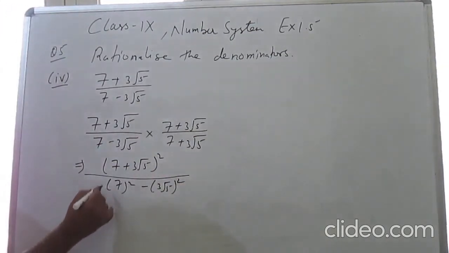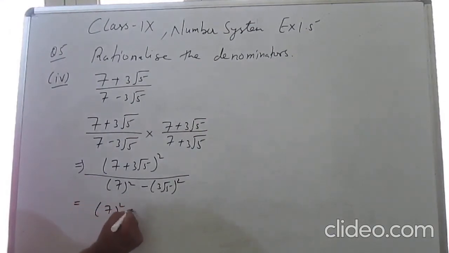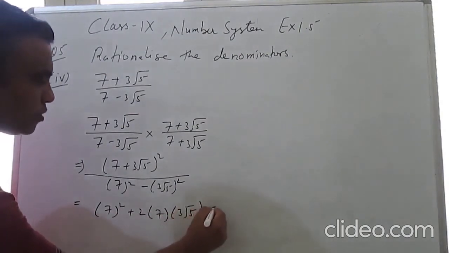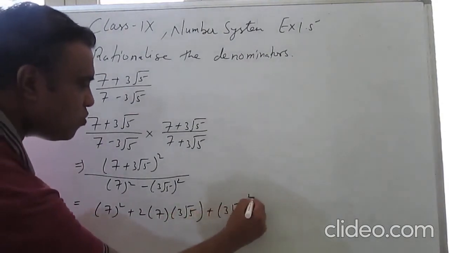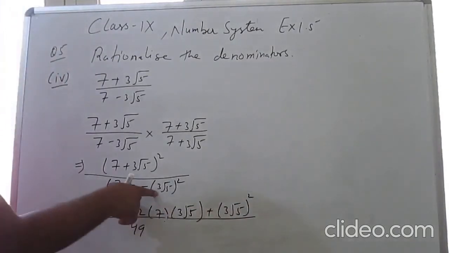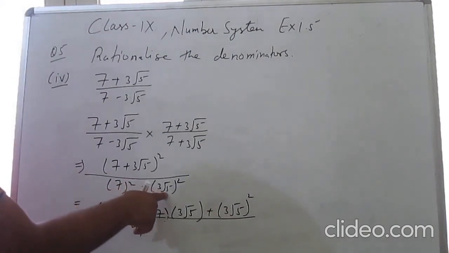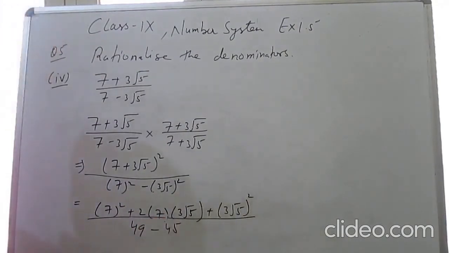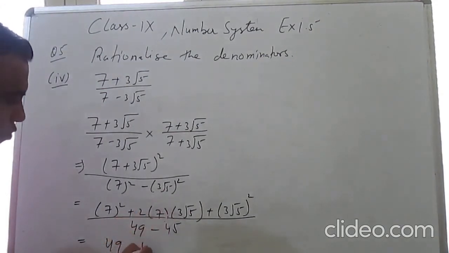Now what is the identity? 7 square plus 2ab plus b square, 3 root 5 whole square. 7 square is 49. 3 square is 9 and root 5 square is 5, so 9 5s are 45. Now 7 square is 49. 2 7s are 14 and 14 3s are 42.